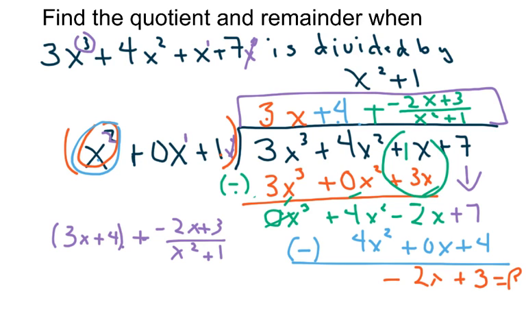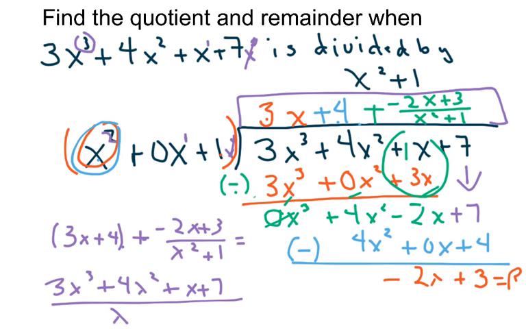When you add that up, you should get 3x cubed plus 4x squared plus x plus 7 over your divisor, x squared plus 1. Okay? Now let's try another one.